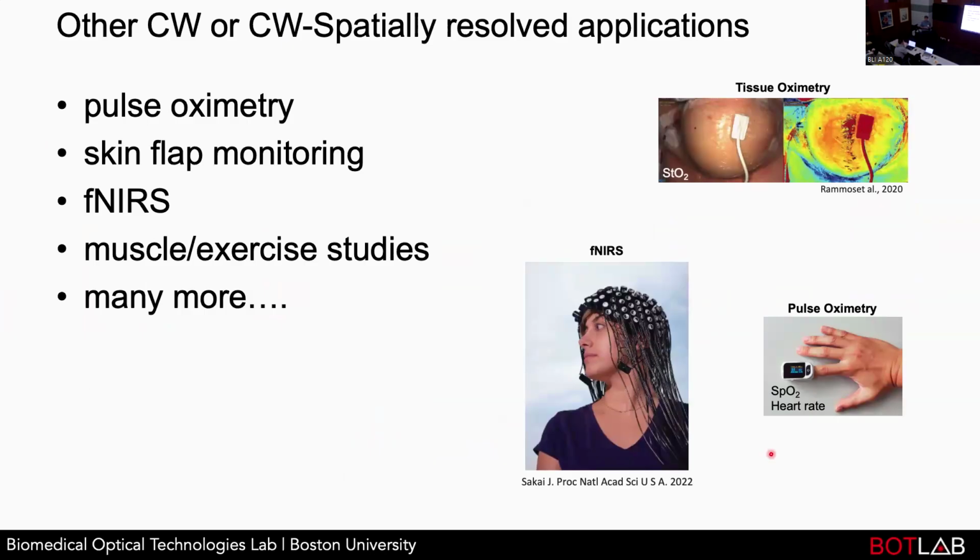It's been around since at least the 80s and beforehand, and is one of the most ubiquitous biomedical measurements. Major, major success story for us. And then skin flap monitoring, I showed you that. There are some commercial technologies there. Muscle size exercise studies. If you look up, often it's called NIRS, the CW technique, there are thousands of publications each year. By far, the most activity.